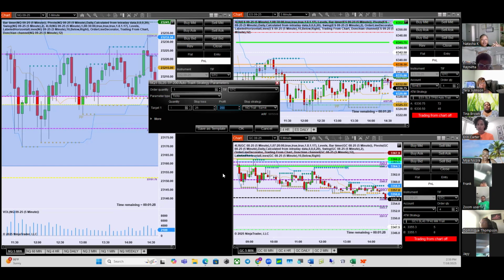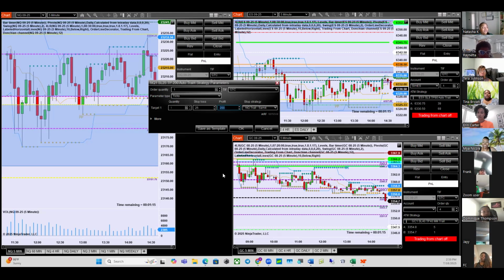Your daily goal is one thing, but for me personally, I usually just keep it on 200, and then I can move it closer if that's not a realistic target based on how the market's moving. I will pull it in, or my trail is going to take me out. It just depends. I put it there so it gives me some room to see what's going to happen as the trade starts, and then I'll move my take profit.